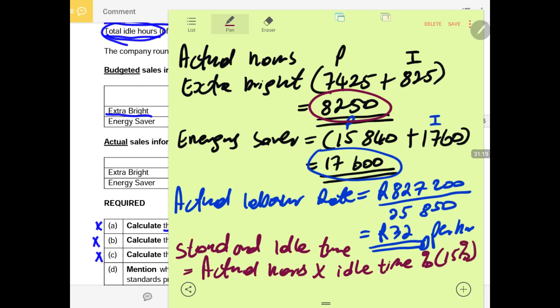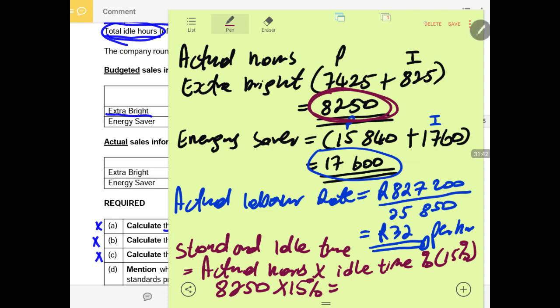So now we say, how many hours did our employees work? Our employees for the first product, they worked 8,250 hours, and they were supposed to idle 15% of the time that they worked.